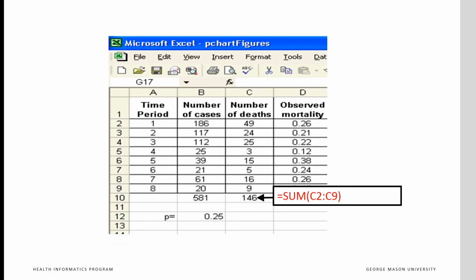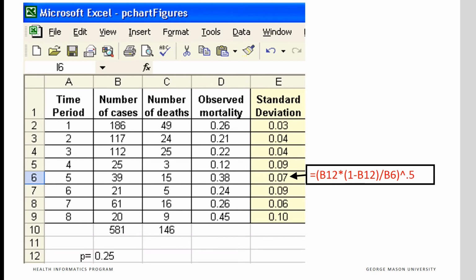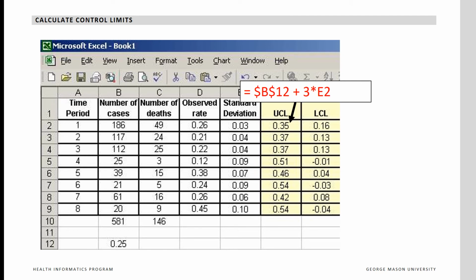Next, we calculate the rate of mortality across time periods. To do this, we sum the number of deaths and divide it by the sum of the number of cases across time periods to obtain 0.25. We next calculate the standard deviation for each time period. Finally, upper and lower control limits are calculated.